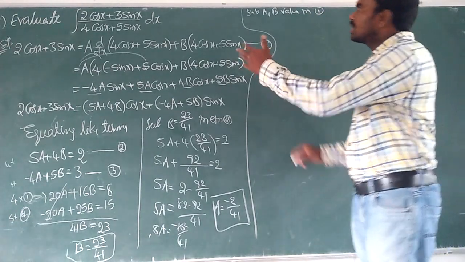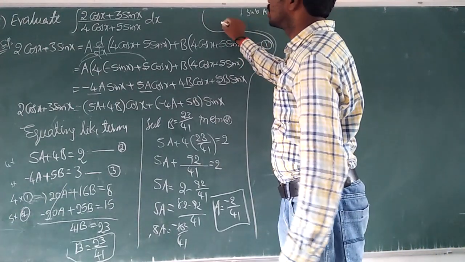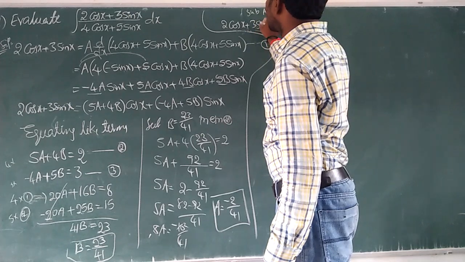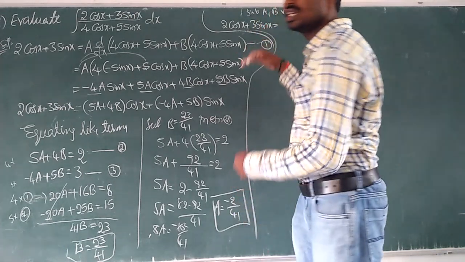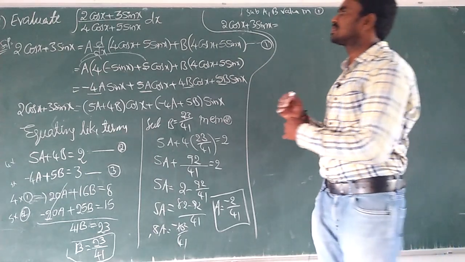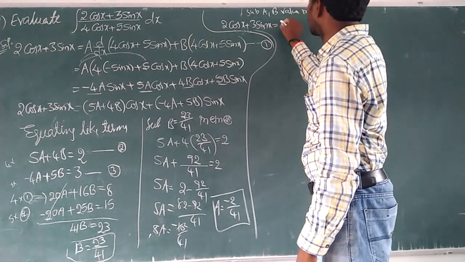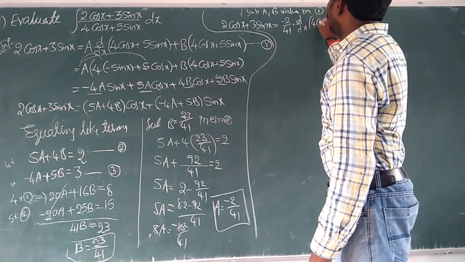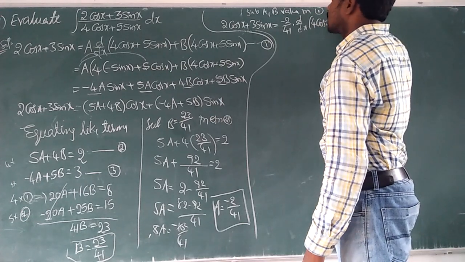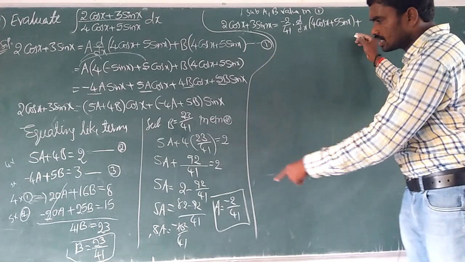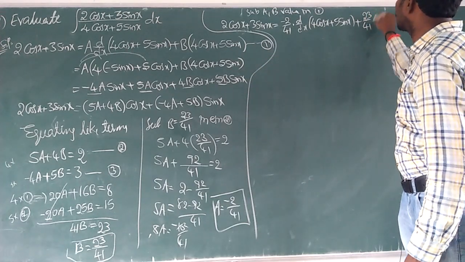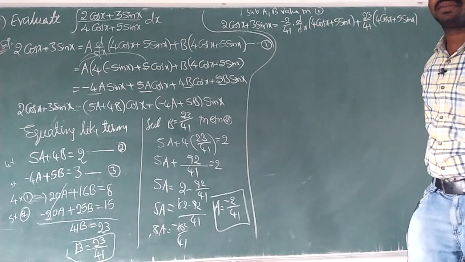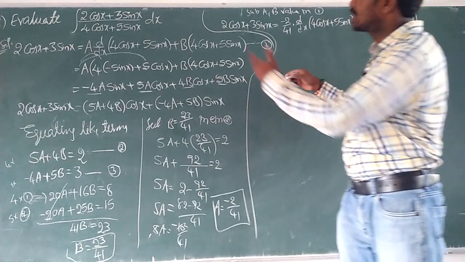So equation 1 becomes, the numerator becomes this. In the previous question we did not write it like this, but if you write it like this, it is better. So a means minus 2 by 41 into d by dx of 4 cos x plus 5 sin x, plus b, that is 23 by 41, into 4 cos x plus 5 sin x. Next, take the question.